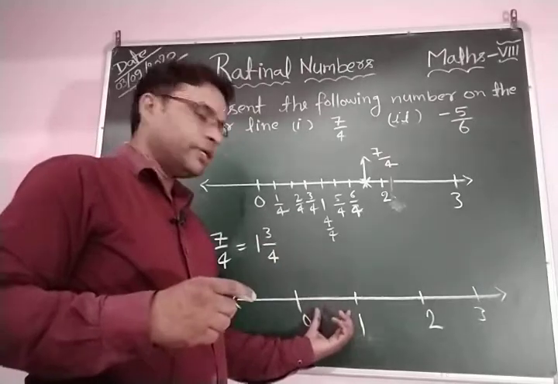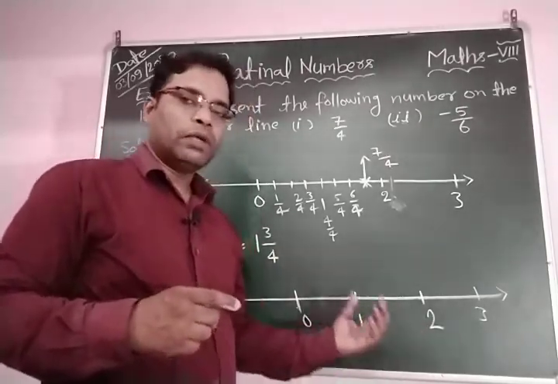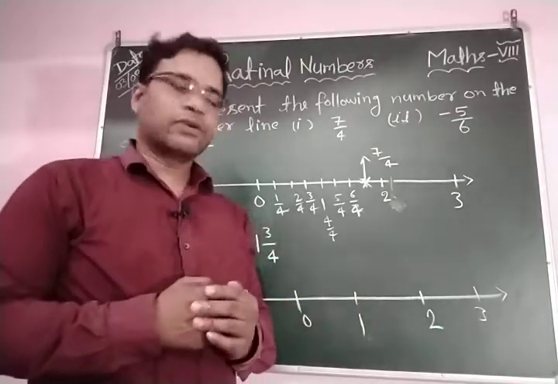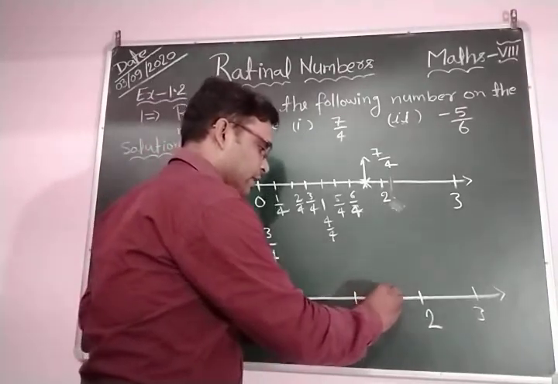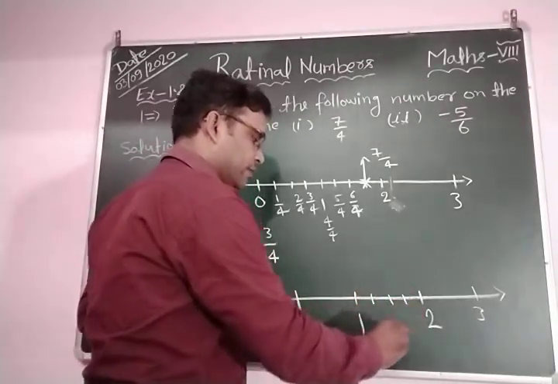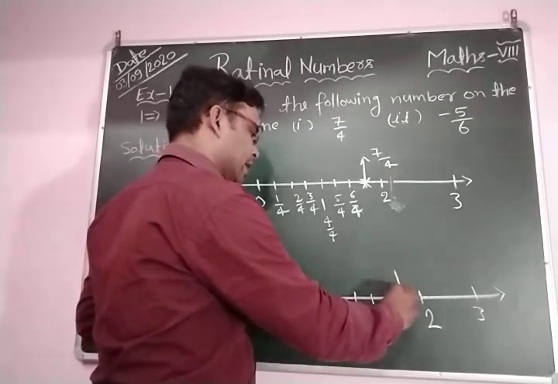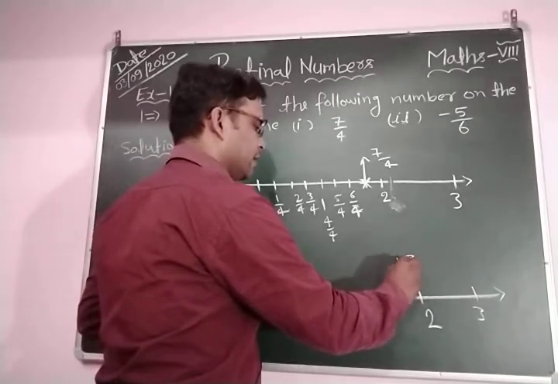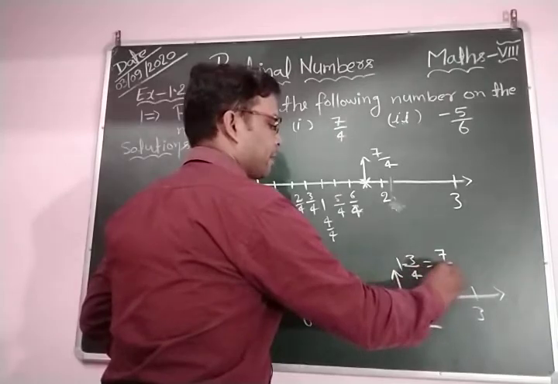So one part we leave here, and after this, the part that lies between 1 to 2, we divide that line segment into 4 equal parts. So this is 1 part, 2 part, 3 part, 4 part. This is equal to 1, 2, 3. This part represents 1 whole and 3 by 4. This is equal to 7 by 4.